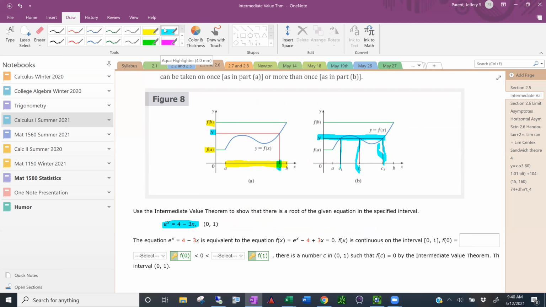So this would be example F, just trying to keep things in order.